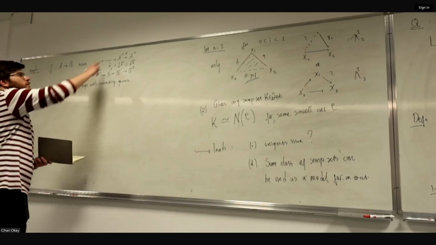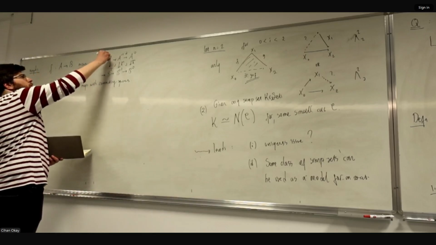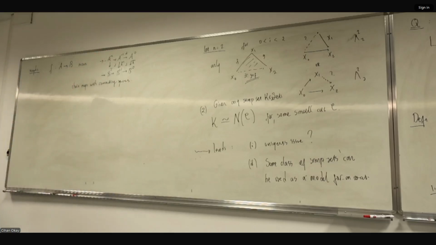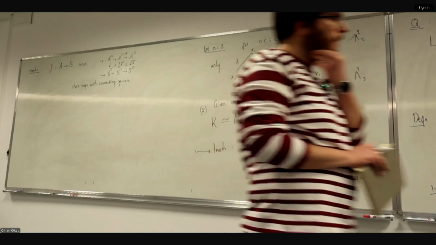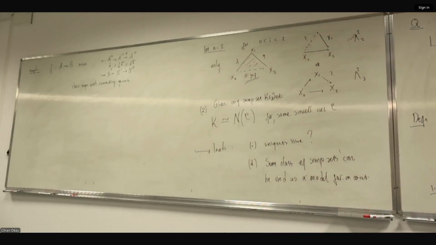Let me think. You have an associative k-bilinear multiplication map.